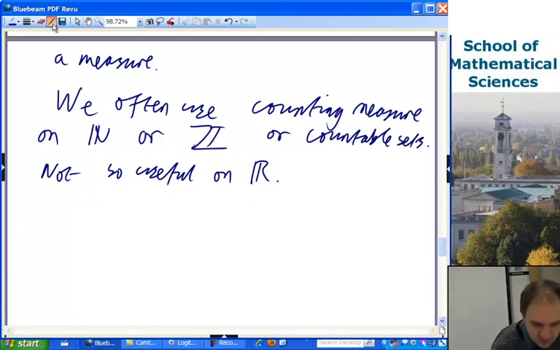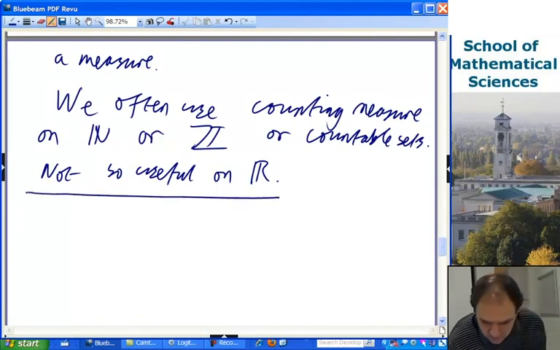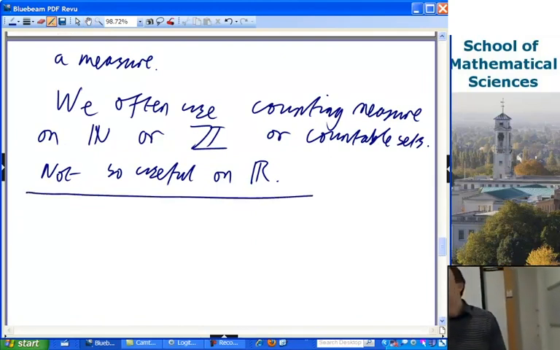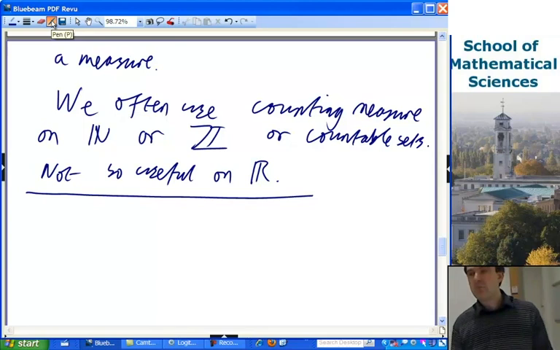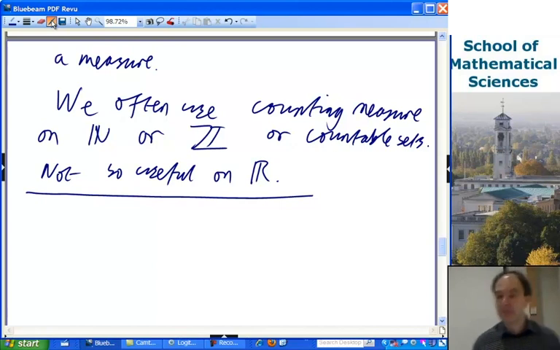Right, what else have we got? I'll just give you a few more examples and constructions. You can multiply any measure by any non-negative extended real number and you'll still get a measure. And you can add them together.